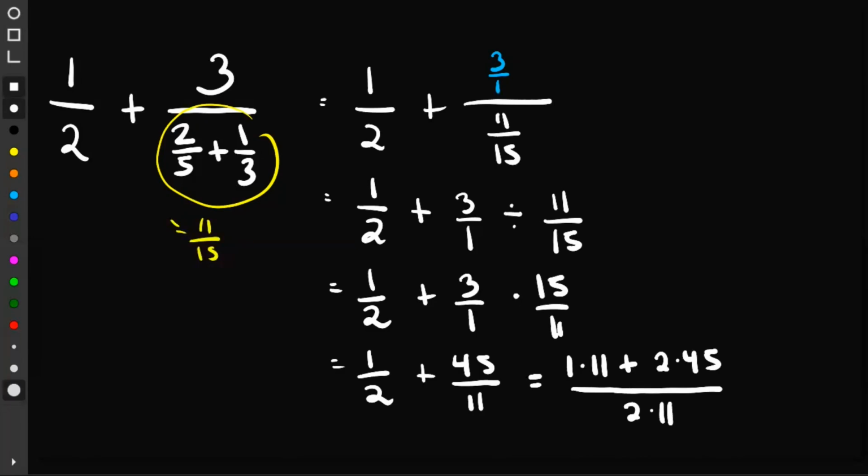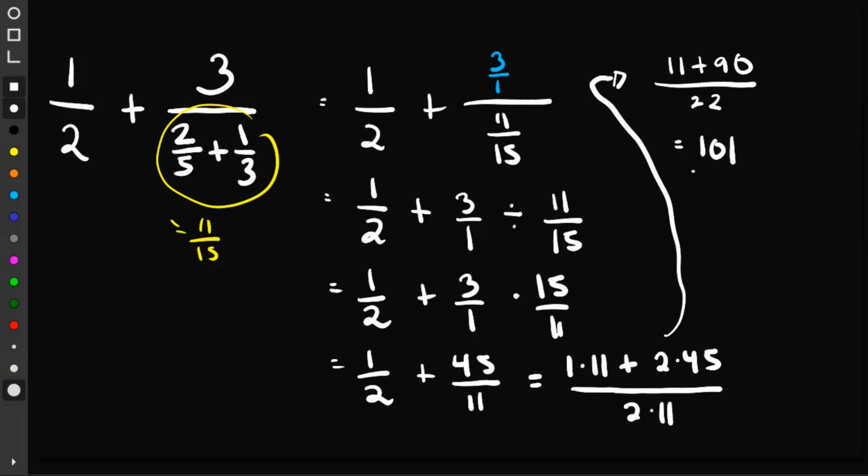And this one is simply 11 plus 90 all over 22, or 101 over 22. Or in mixed numbers, this one is equal to 4 and 13 over 22. And that is the final answer.